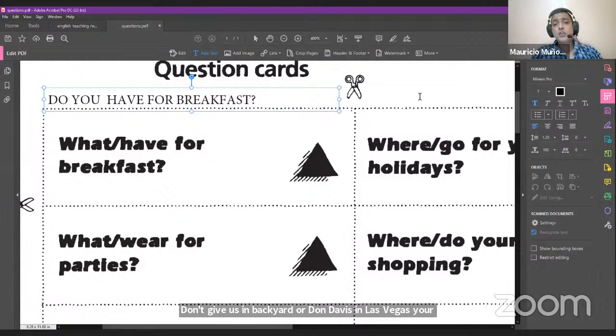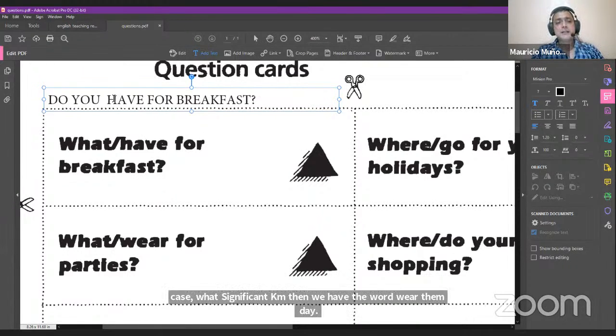Where do you go for your holidays? Holidays se podría traducir como feriado o vacaciones. Entonces, hasta ahora tenemos dos palabras nuevas: what, significa qué, and then we have the word where, dónde.